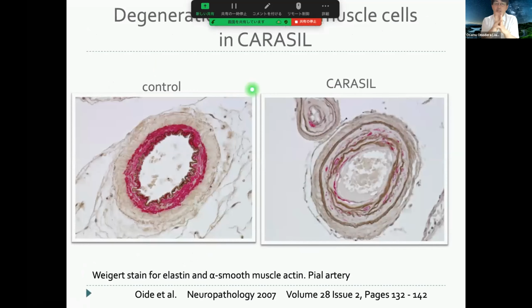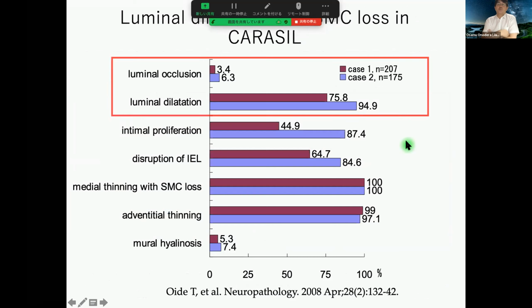For the pathology, there is a loss of smooth muscle cells in CARASIL, and the internal elastic membrane is disrupted in these CARASIL patients. But the most interesting thing is that the vessel is not occlusive. The vessel is dilated.